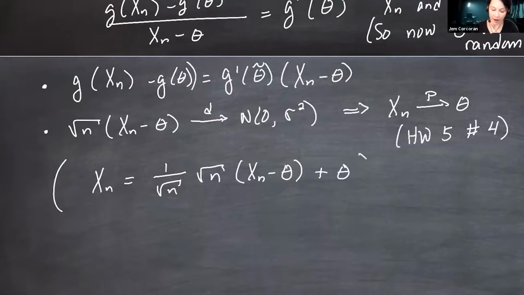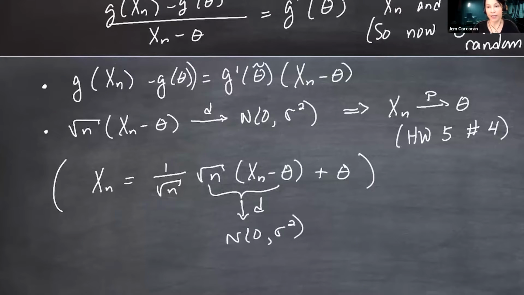And if you write it that way and use the fact that this goes in distribution to the normal 0, sigma squared, now apply, I won't finish writing the details, you're almost done, apply Slutsky's theorem, take that 1 over square root of n down to 0, and you will get convergence in distribution to theta. And since theta is a constant, you'll get convergence in probability to theta.